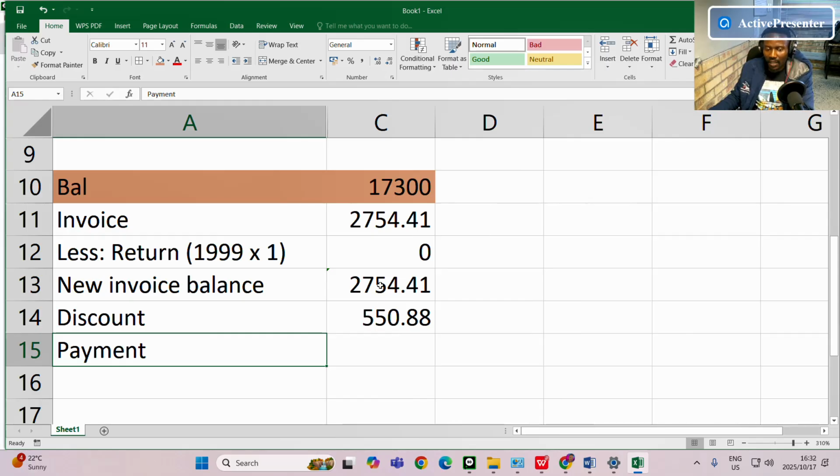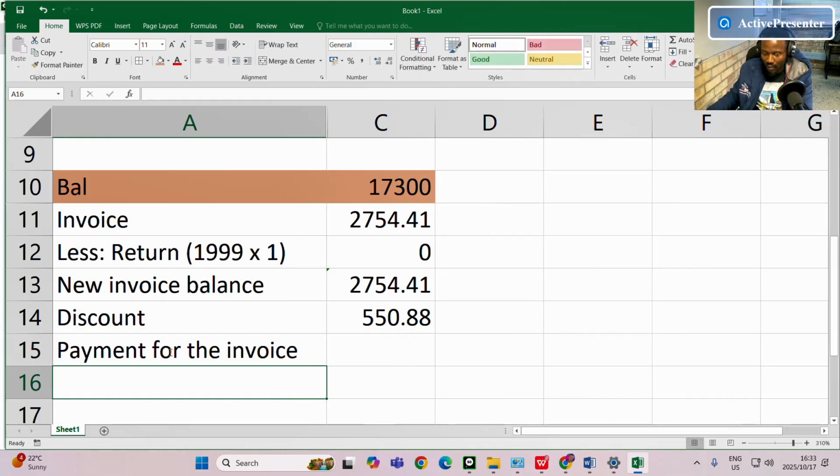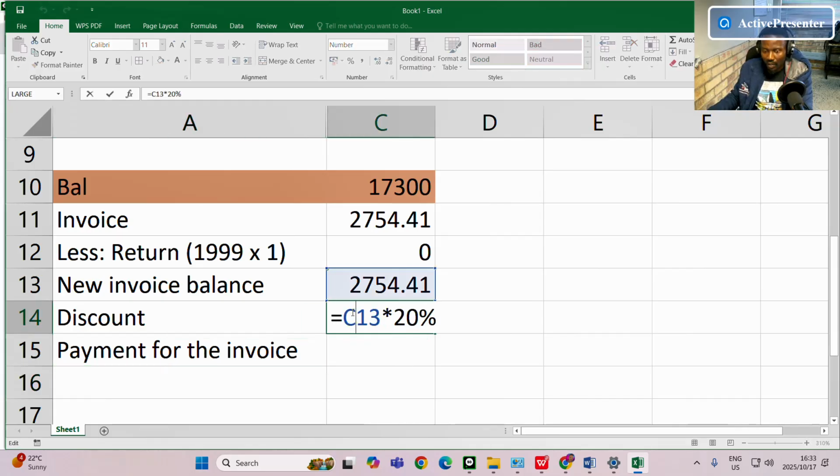So when you take, oh, it's payment for invoice, not for the account. This is payment for the invoice, not for the whole account. So remember, we still have an opening balance that we haven't taken into consideration. Remember, I said we must avoid it. This must be negative. Yes.